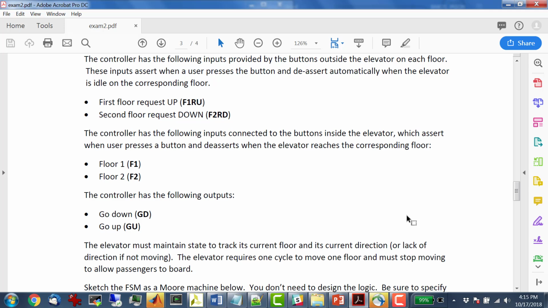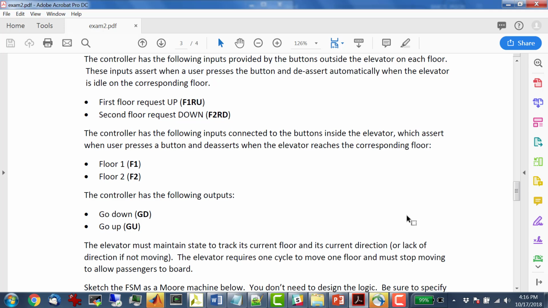And then what would cause me to go up? From idle on the first floor, I would have to get a second floor request down, F2 request down, or I would have to get a button from inside the elevator that says to go to floor 2. So this would be an OR. Likewise, if I'm on the second floor and I'm idle, I would only go down if my first floor request down or my floor 1 button were pushed.